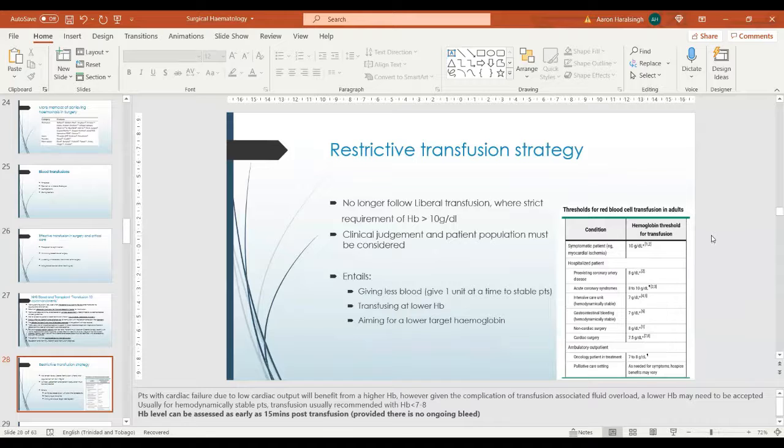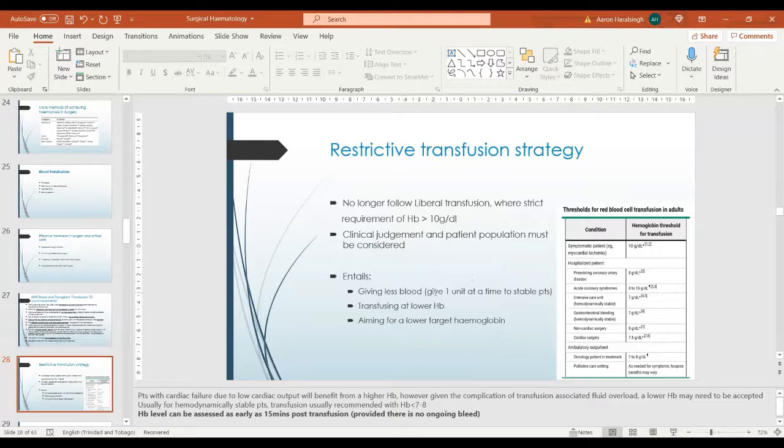So there can be a number of strategies to approaching transfusion. You can adopt a restrictive transfusion strategy. Before, there was a liberal transfusion strategy where there was a strict requirement of an Hb of 10. And clinical judgment is important in these instances.